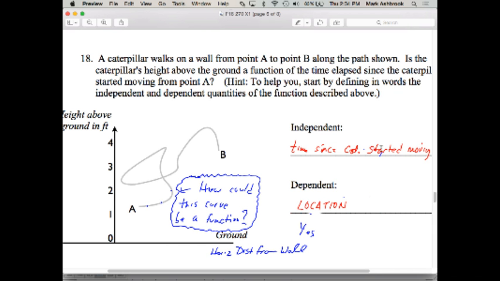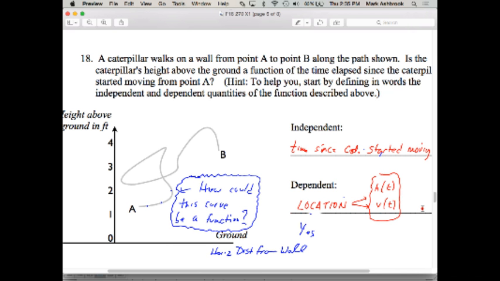So it's like horizontal and vertical, say. Horizontal distance, and the H is not for height, it's for horizontal. So horizontal distance and vertical distance. These two taken together can be thought of as one function, the function of the caterpillar's location as a function of time since he started moving.